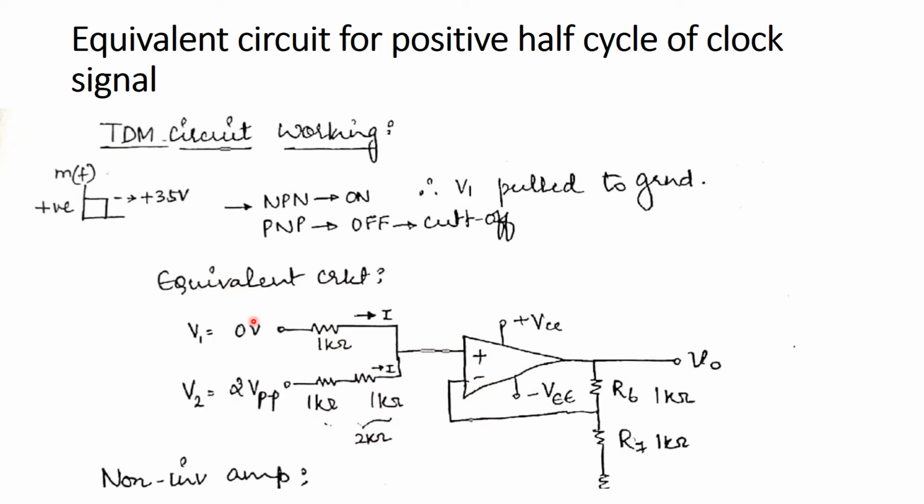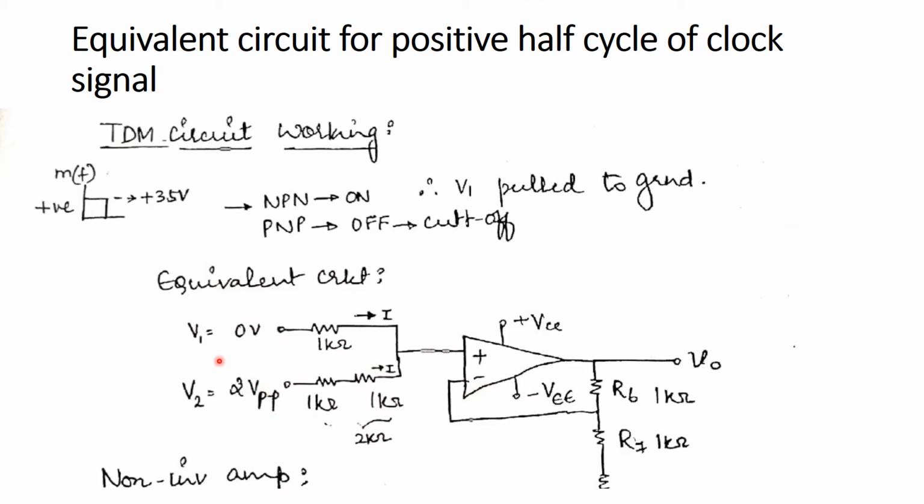For the first case, by considering V2 as 0, the voltage at pin number 3 will be, by using the voltage divider rule, 0 volts into 1 plus 1, since these two resistors are in series, so 0 volts into 2 kilo ohm divided by 1 kilo ohm plus 2 kilo ohm. That will be the voltage here.